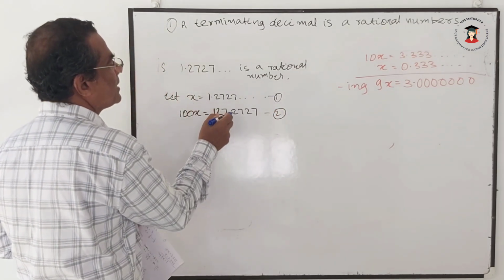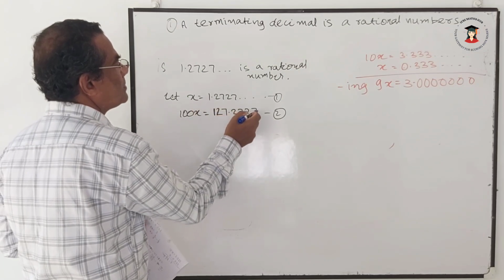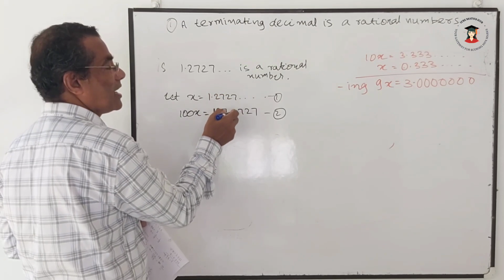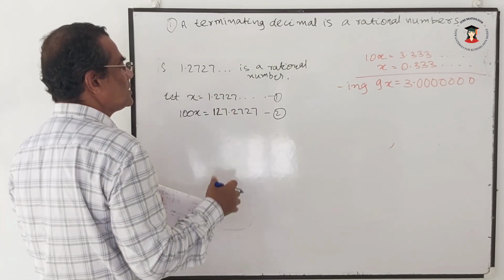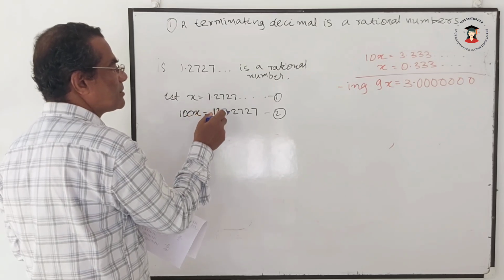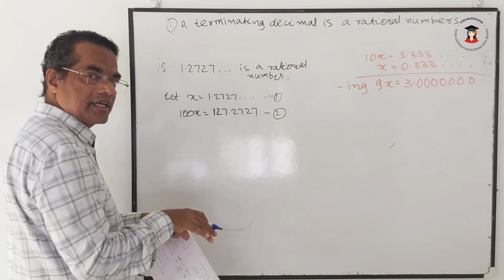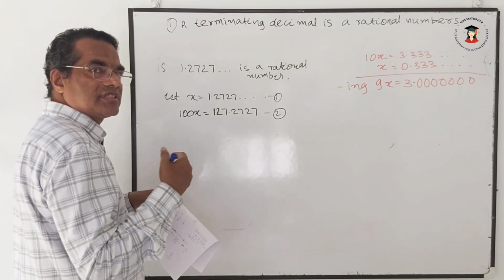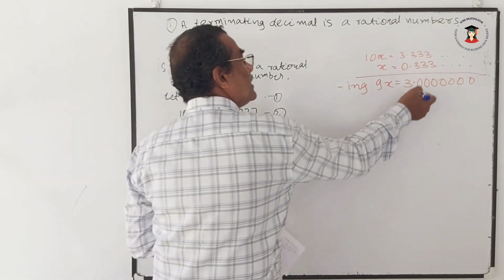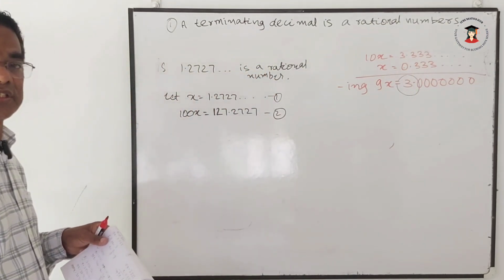Now I got the same numbers in both the equations after the decimal. In both the equations, after the decimal, the digits are same. So if I make a subtraction, after decimal I will get only zeros. So that I will get an integer.